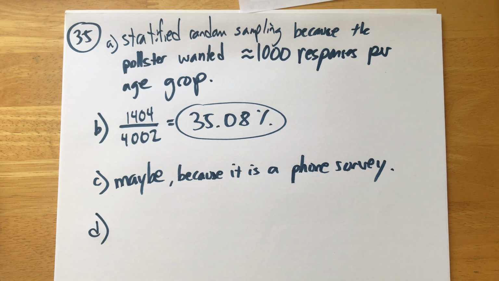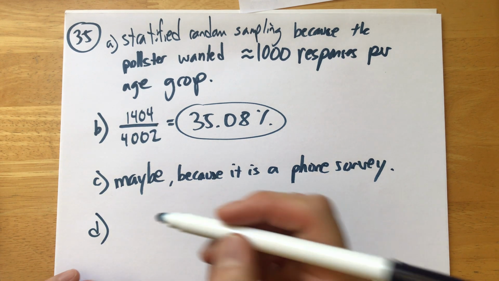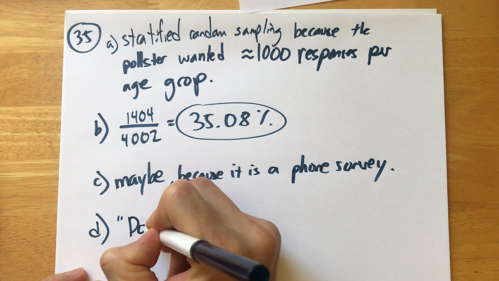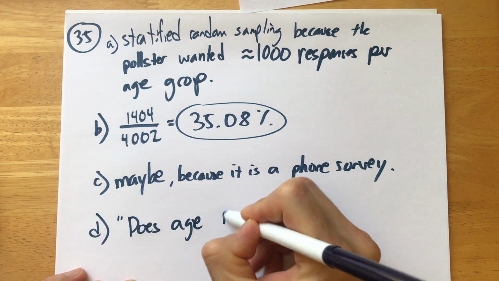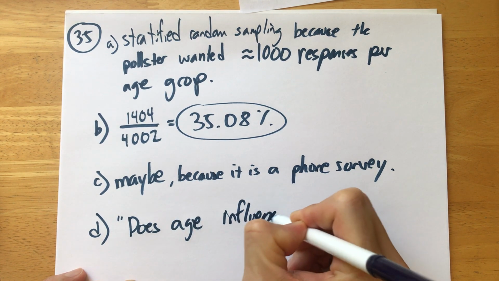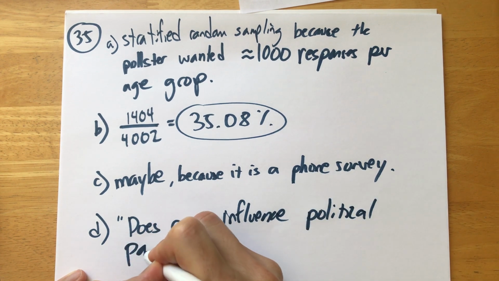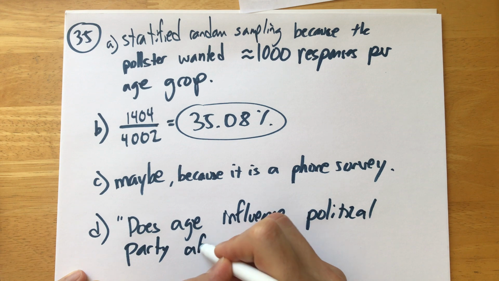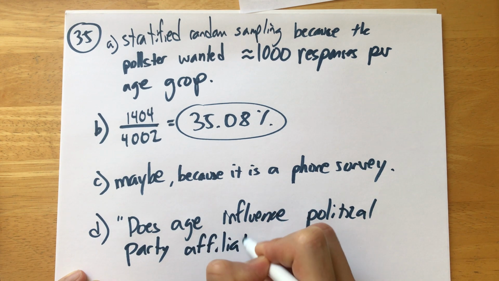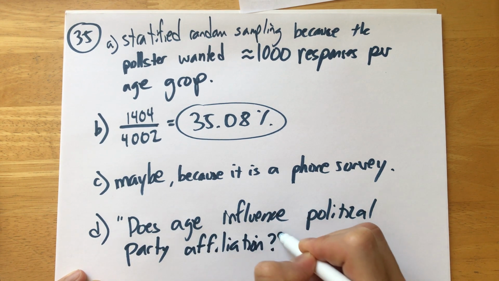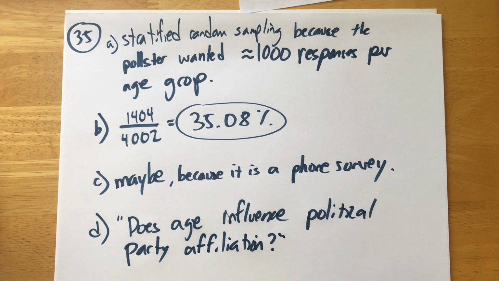Okay, I would think that since they asked for age, or they stratified by age, and they're asking the party affiliation, I think they wanted to know something like, does age influence political party affiliation? Basically, does your age tell you something about what political party you affiliate with? Class, what do you think about that in your opinion?